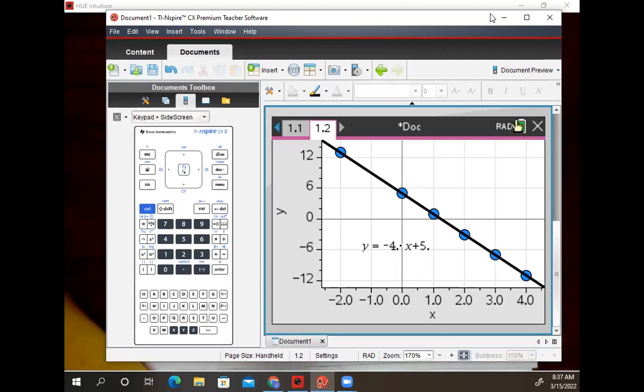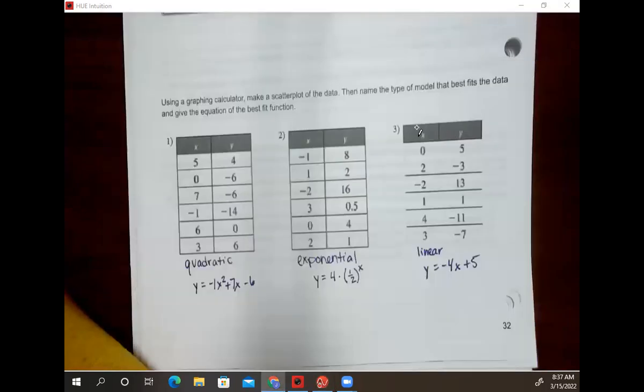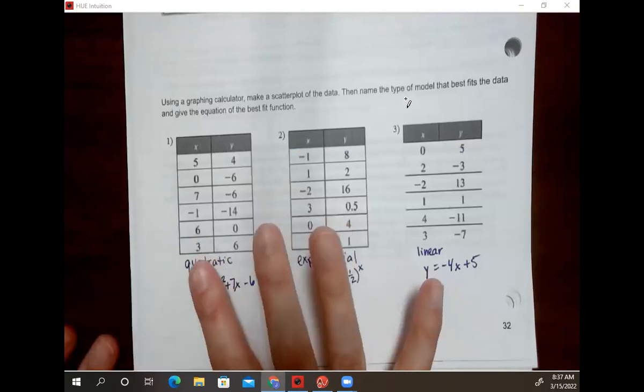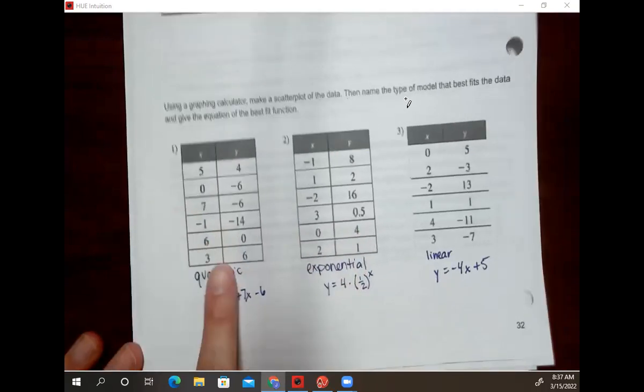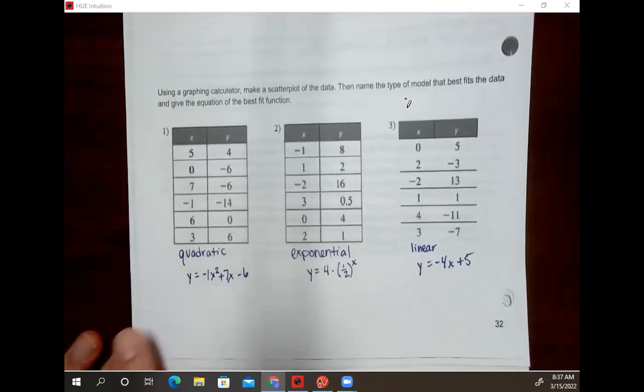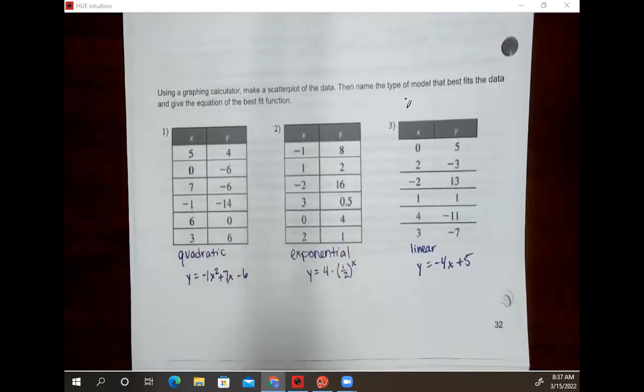The idea here is that instead of having to do a scatter plot by hand, like you would have when you first learned about scatter plots, instead of plotting all of these points and then trying to fit in a parabola and then figure out the equation, we can have our calculator do that heavy lifting for us.